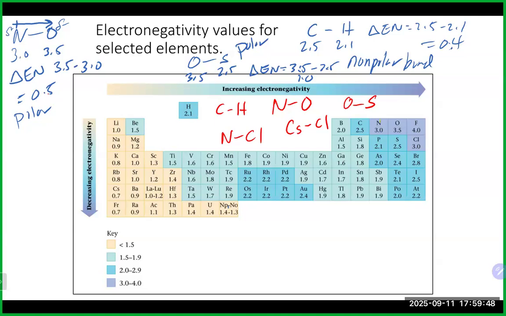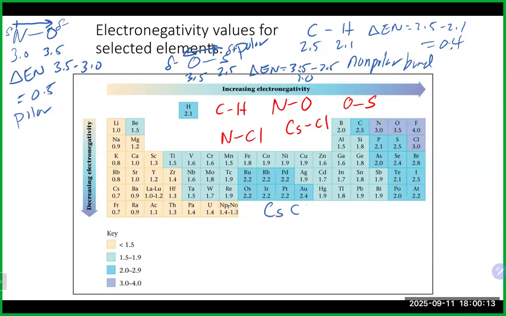Once again, it is the oxygen that is more electronegative. So if we were to draw that arrow, it should point towards the oxygen. The oxygen here would be more negative, and the sulfur would be more positive within this bond, again, due to that unequal sharing of electrons. Question on that there.